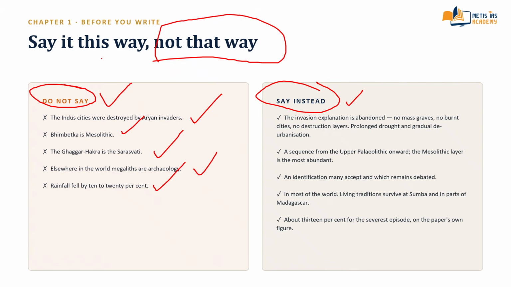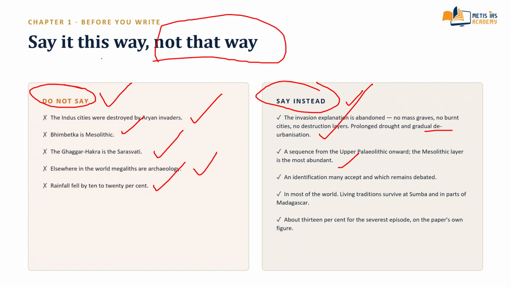The invasion explanation is abandoned. No mass graves, no burnt cities, no destruction layers; prolonged drought and gradual de-urbanization is the reason. And a sequence from the Upper Paleolithic onward, the Mesolithic is the most abundant.